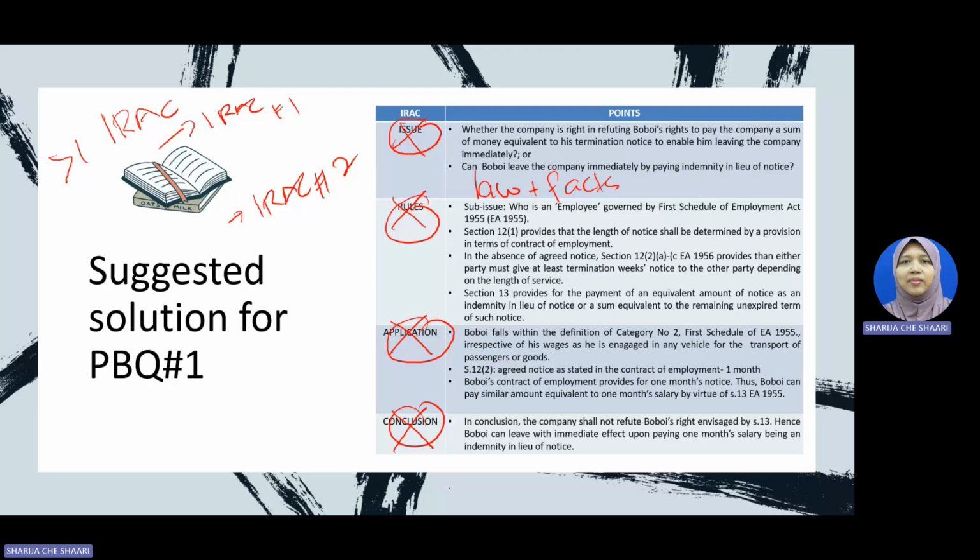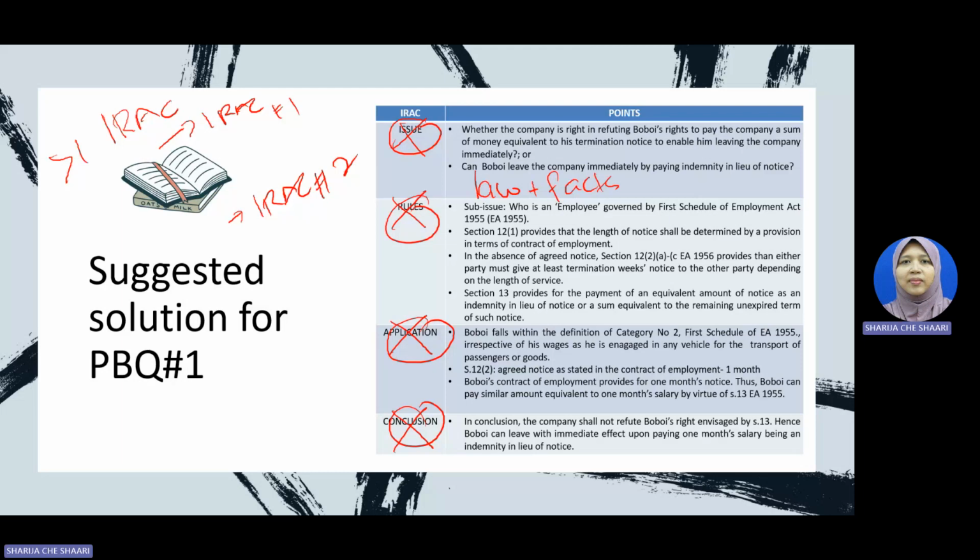So you cite the section first. Based on section 13, Boboy can leave immediately provided that he pays an equivalent amount of the notice. If Boboy wants to leave immediately, Boboy must pay the salary equivalent to 1 month's notice, meaning 4,200, under section 13.